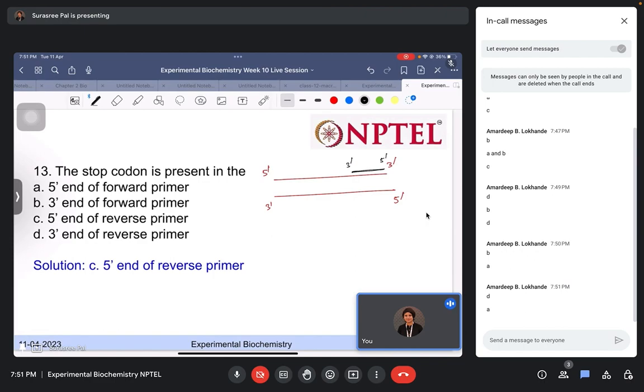Now, obviously, if the stop codon is present at the 3 prime end, elongation will occur from the 3 prime end. Therefore, the stop codon cannot be present at the 3 prime end of the reverse primer. But the stop codon should be present at the 5 prime end of the reverse primer so that it will stop the translation of the protein, right? So the stop codon should be present at the 5 prime end of the reverse primer only, not in the forward primer, right? Am I clear?